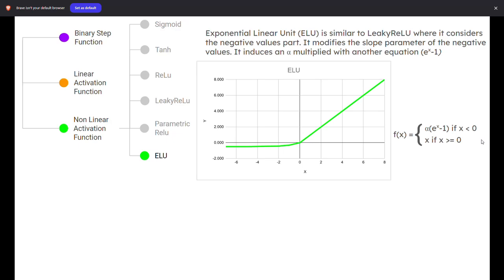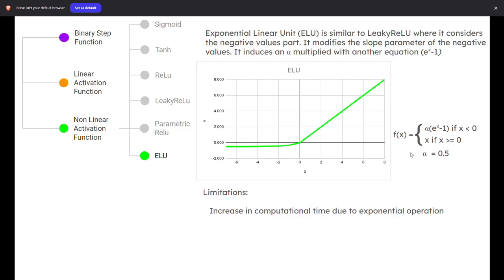So what are the advantages? The alpha value is 0.5. So what are the limitations of ELU?